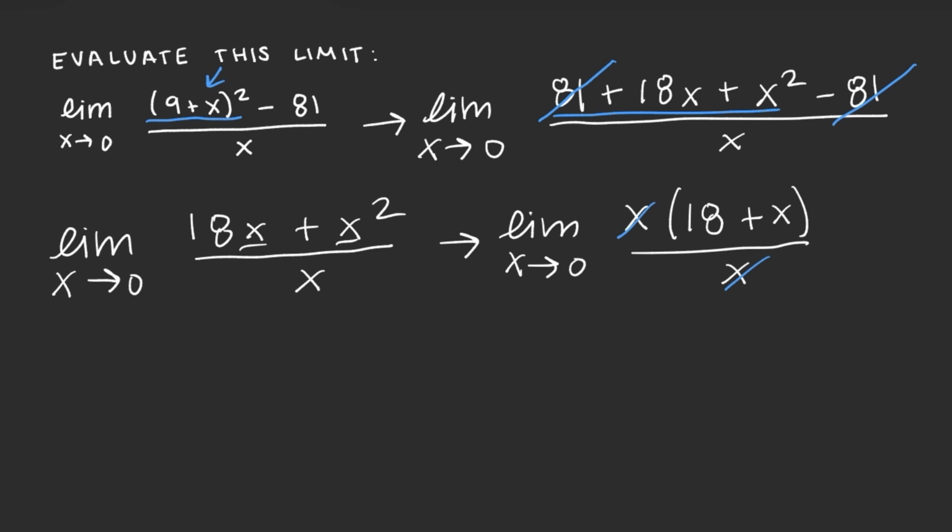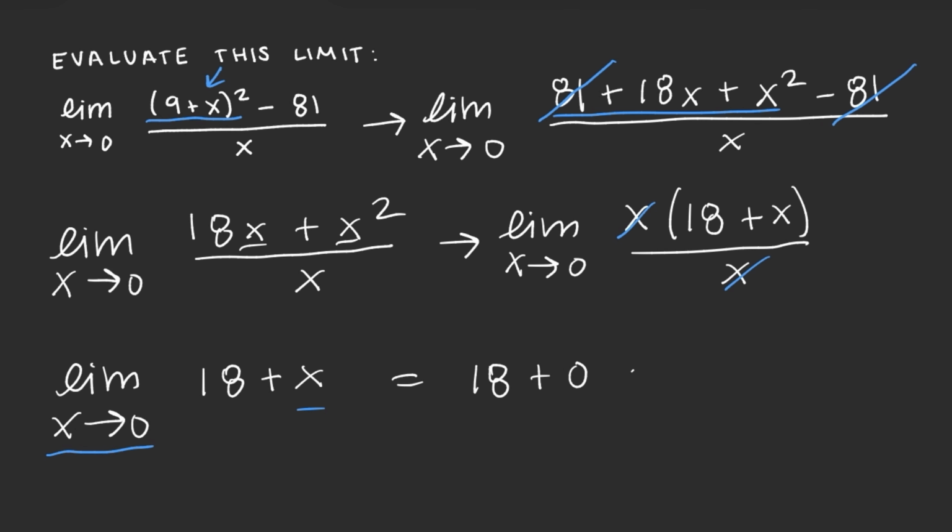These two x's will cancel out, leaving us with the limit as x approaches 0, 18 plus x. And then if we plug in a 0 anywhere we have an x, we'll be left with 18 plus 0, which would just equal 18. So our answer for this example is 18.